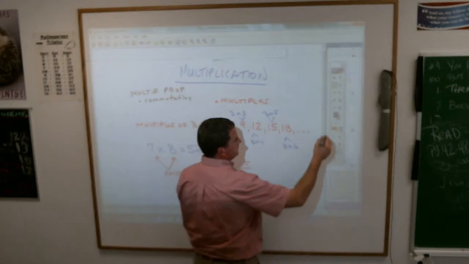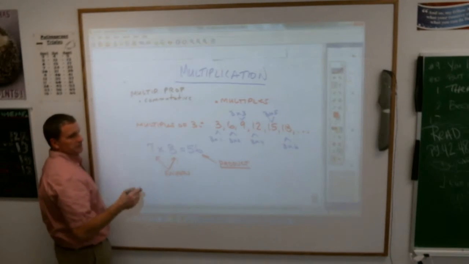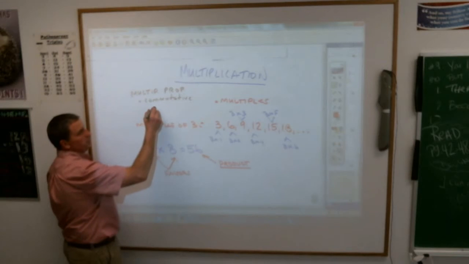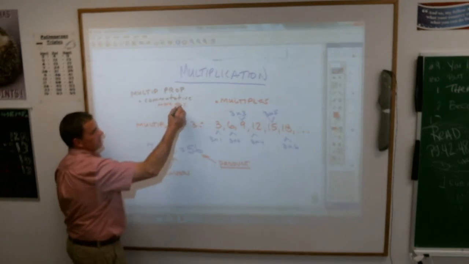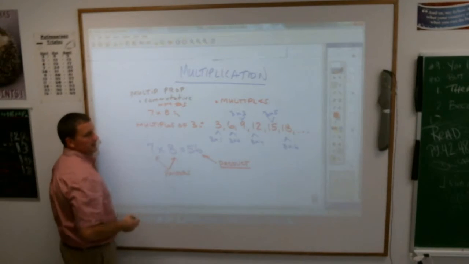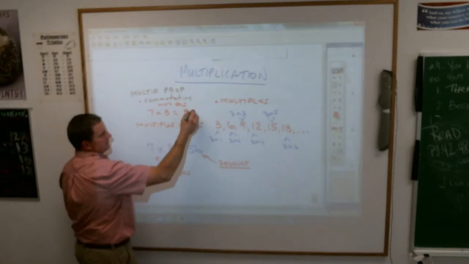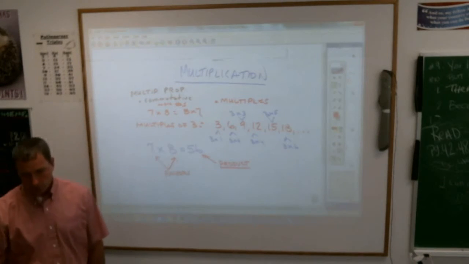Jack? It means that you can switch around numbers and get the same answer. And that's the same with multiplication. You can switch numbers. You can move numbers. For example, 7 times 8 is going to be the same thing as 8 times 7. You can flip-flop and move those numbers around.